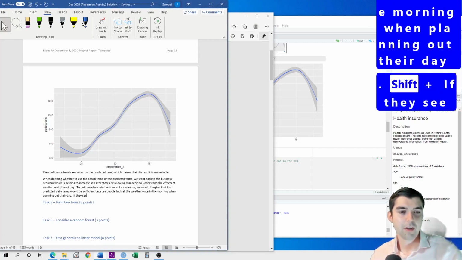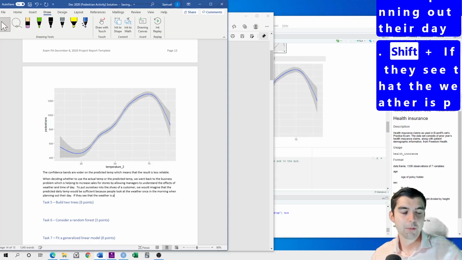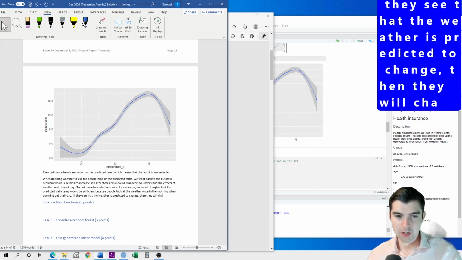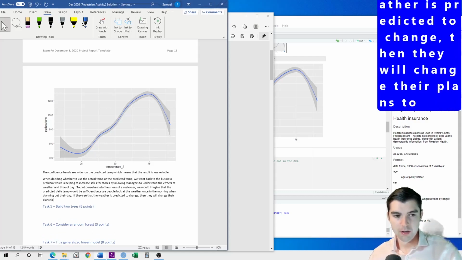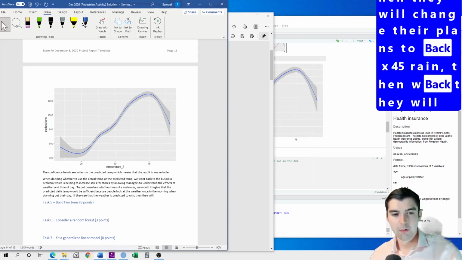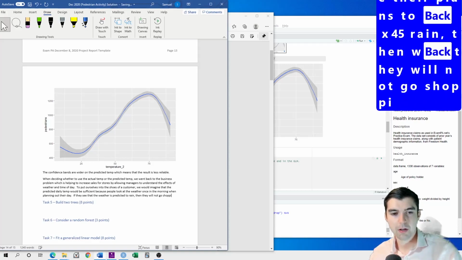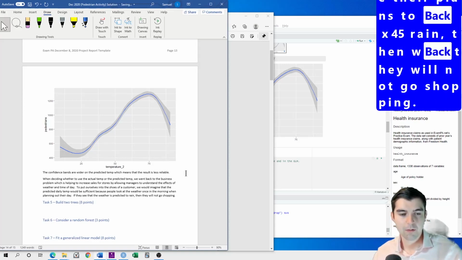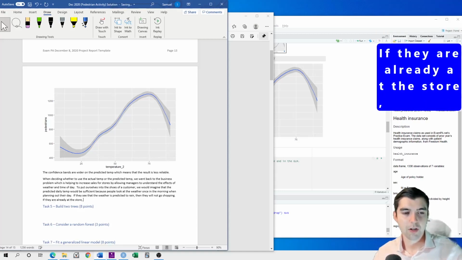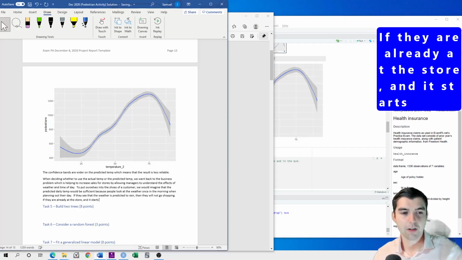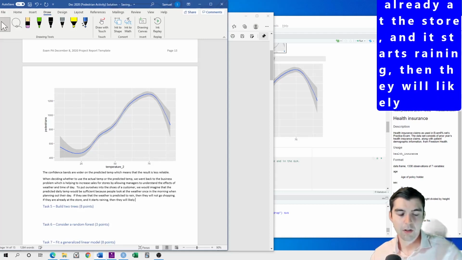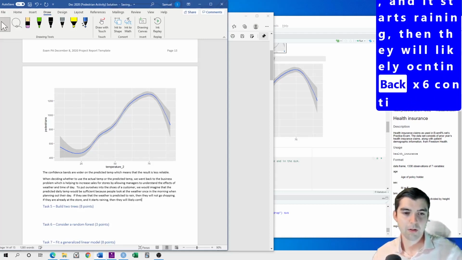If they see that the weather is predicted to change, then they will change their plans. If they see that the weather is predicted to rain, then they will not go shopping. If they are already at the store and it starts raining, then they will likely continue shopping.